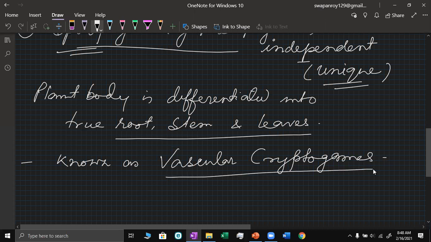Vascular tissue has first appeared in pteridophytes, and they are cryptogams. Cryptogams do not produce flowers, and as they do not produce flowers or seeds, they are vascular cryptogams.